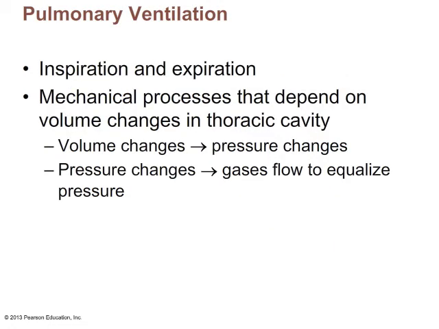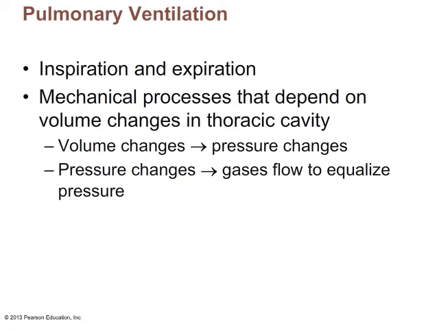Okay, now that we've had an overview of the major respiratory anatomical structures, we're going to go back to those 4 or 5 processes that we talked about at the beginning of the lecture. The first of these processes is pulmonary ventilation, which is just basically the movement of air into and out of the lungs. And we call this inspiration if air is going in, and expiration if air is going out.